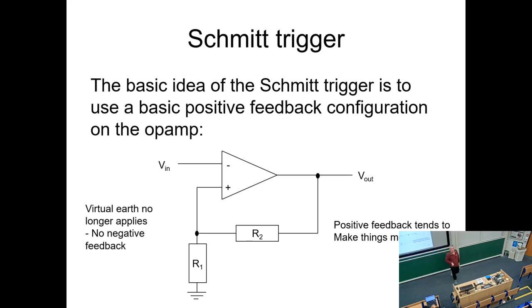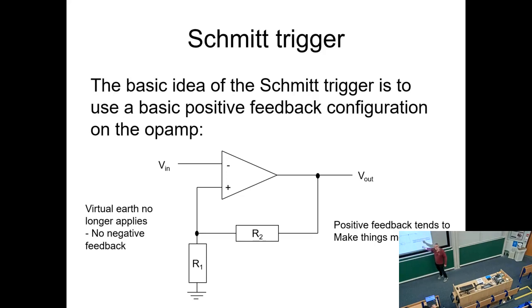That's positive feedback. Now, negative feedback acts to stabilize things and keep things the same. Remember, when we had negative feedback, it was trying to keep the difference between these two inputs at zero, whatever was going on. Now, because of the way this has been fed back, everything goes the wrong way. It will look at this and say, I want to minimize the input difference here. All I can do is move my output.